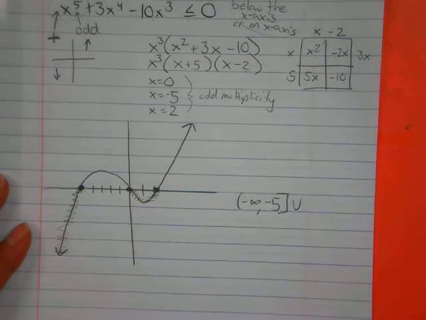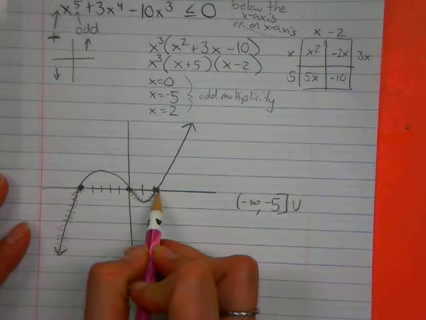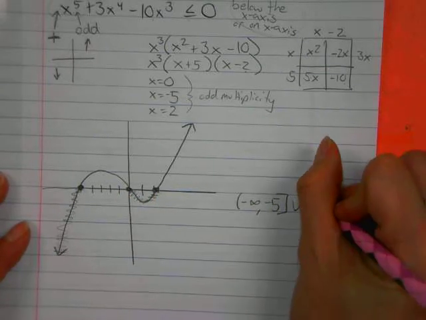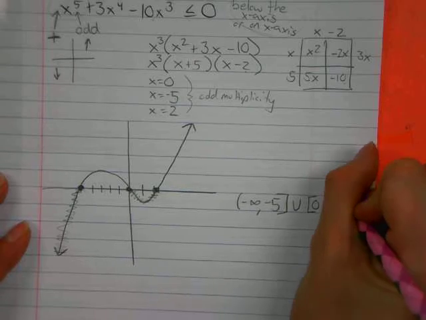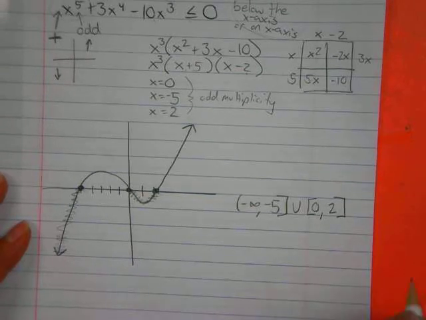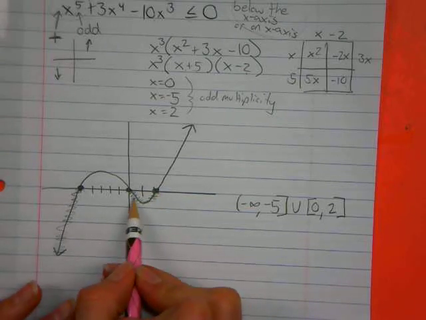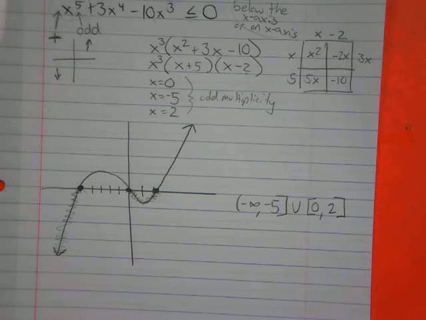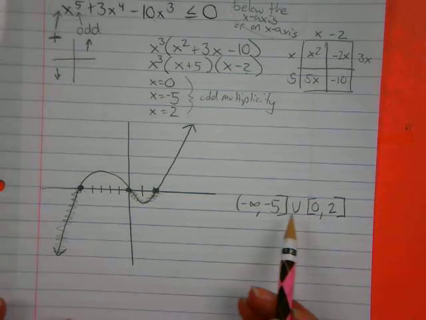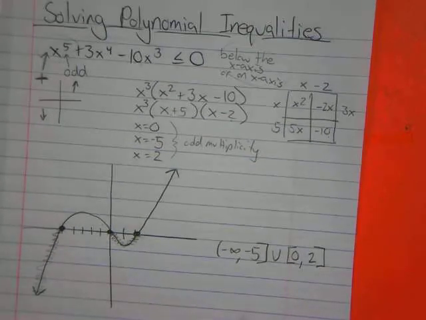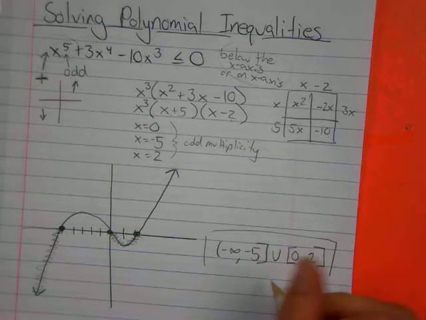Union, then I want this second piece over here, which goes from 0 to +2, and again I'm going to put a bracket for both because I want to include those values, since those are the values that make the graph equal to 0. Everything between those values is less than 0. So this interval right here would describe exactly where this polynomial function is less than or equal to 0.